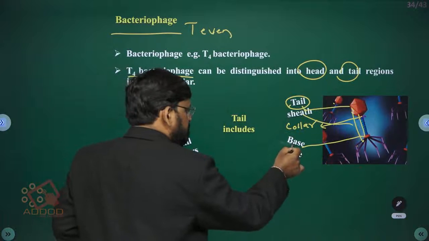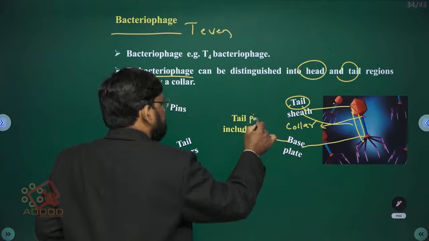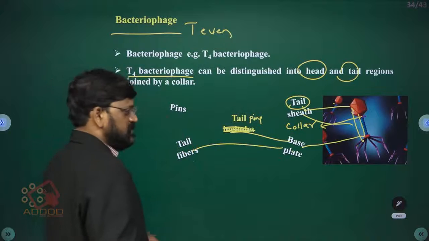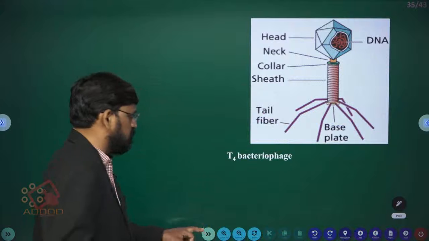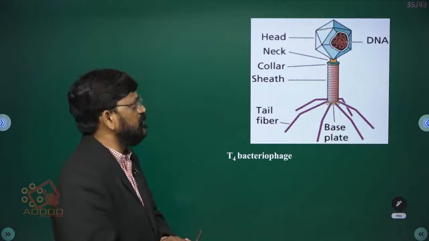And the base plate has tail pins and tail fibers. Tail fibers help in attachment to the host, and tail pins help in making holes in the host. This is the overall diagram of the T4 bacteriophage.